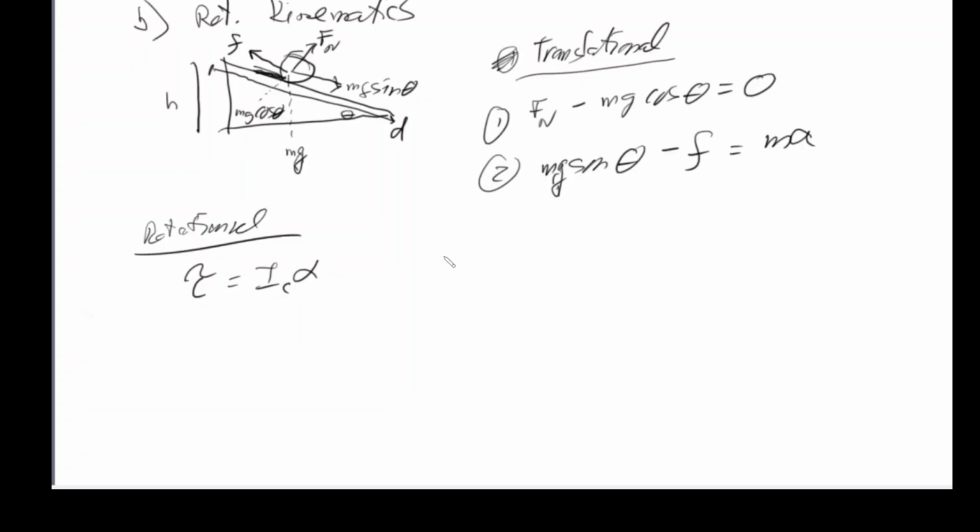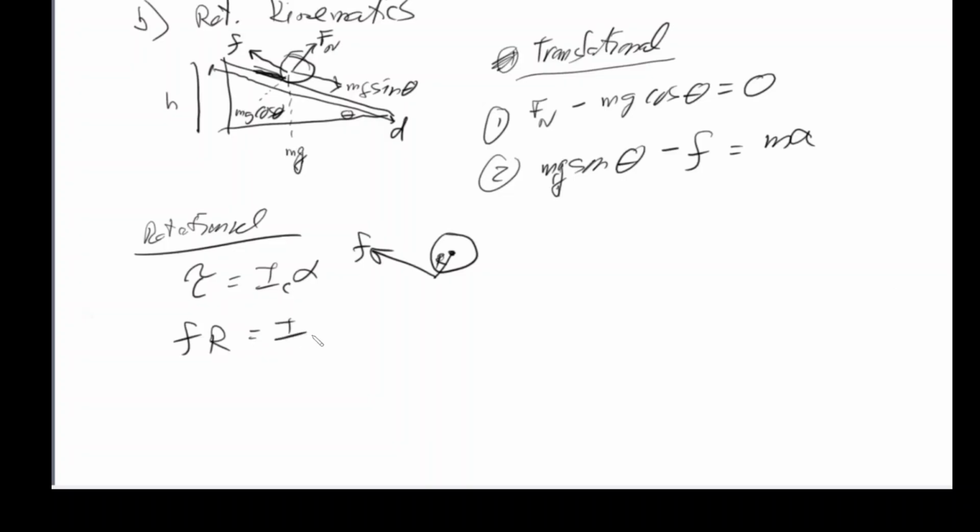And we know that the torque is equal to the force times the distance it's acting. In this case, let me just draw that. You have your cylinder, you have your frictional force, and it's acting over a distance of r from the center of mass. So torque equals F times r.